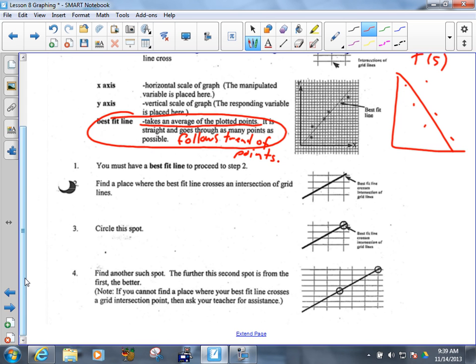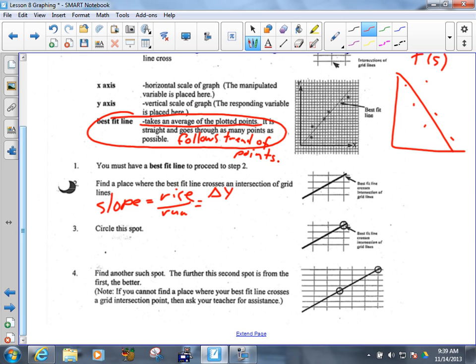Once you have a best fit line, you need 2 points on the line in order to calculate the slope. What's the formula for slope? Rise over run. The rise is the change in y.